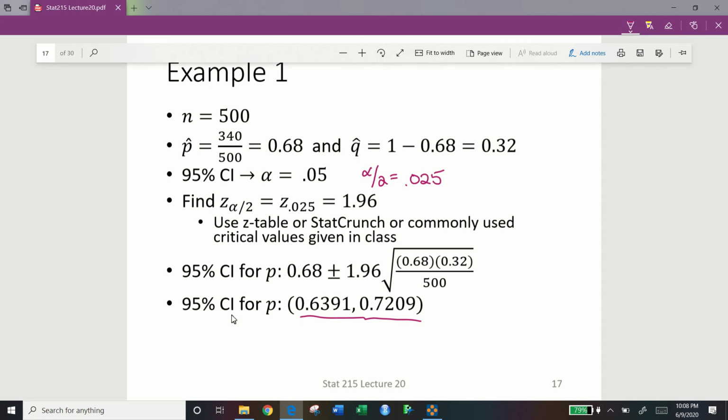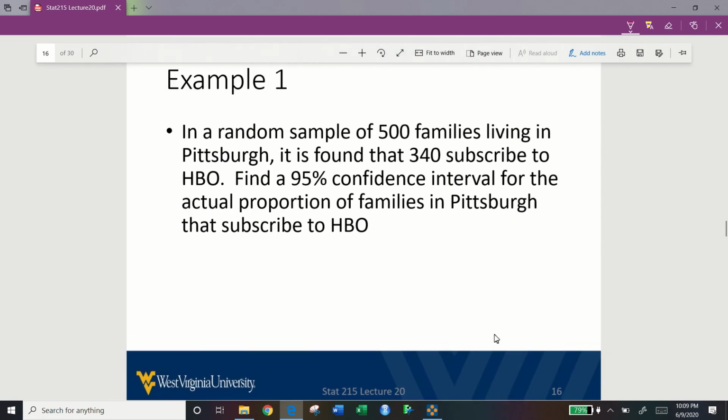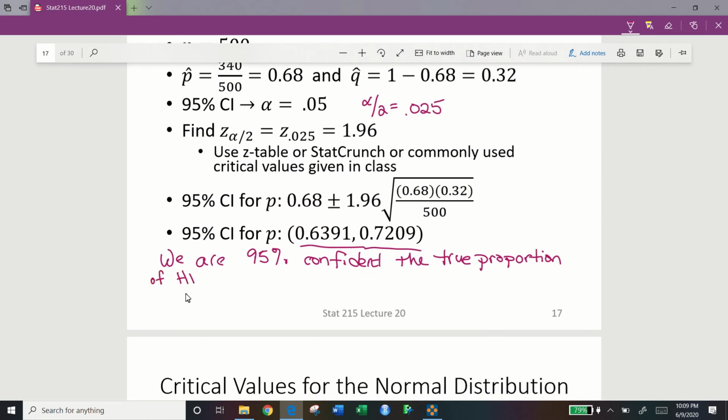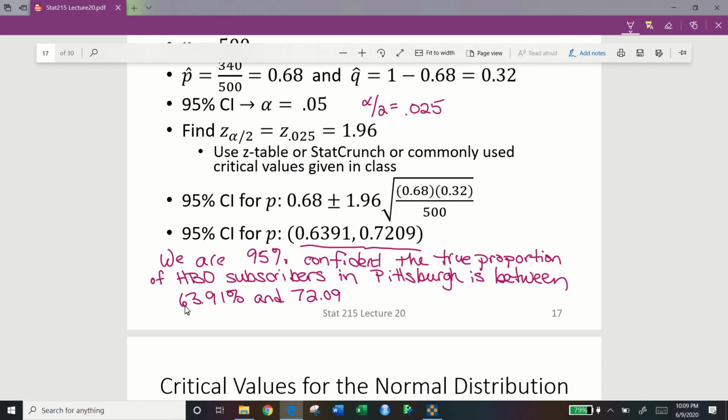This means one option for our interpretation could be: we are 95% confident the true proportion of HBO subscribers in Pittsburgh is between 63.91% and 72.09%.